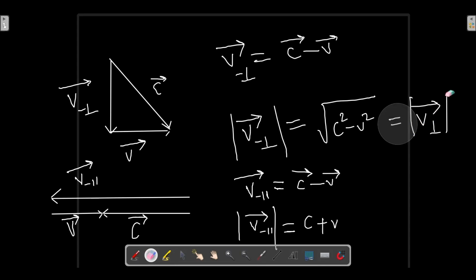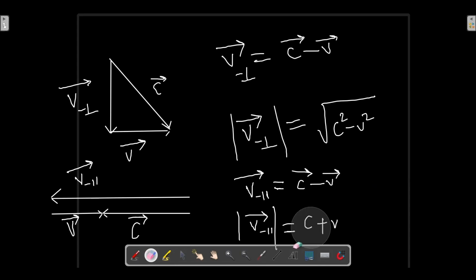But in case of V minus parallel, which is C vector minus V vector, when you subtract the V vector, it is already opposite to the direction of V minus parallel.